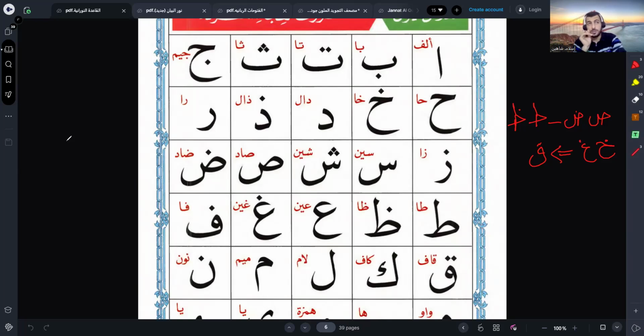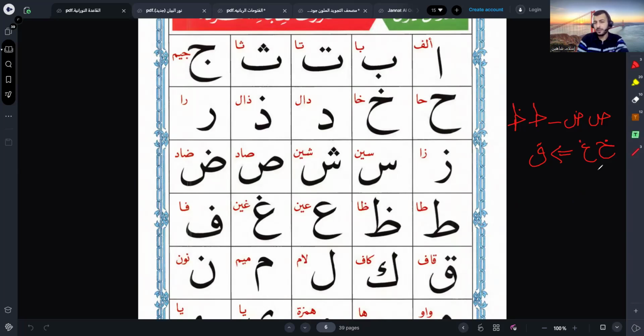Okay, so again, today we have one of the most important rules, which is the heavy letters. Heavy letters again are just 7 letters. So we have 4 letters, the sisters: Sod, Dod, Ta, Za, then 2 closed letters, Ghain and Kha, and finally the Qaf.